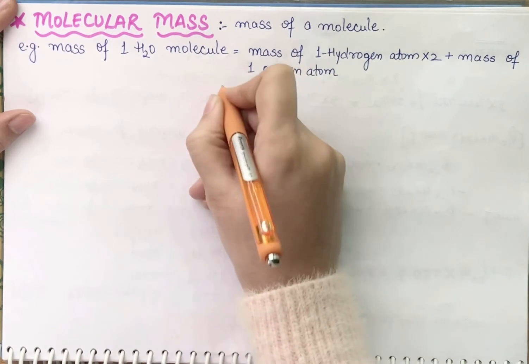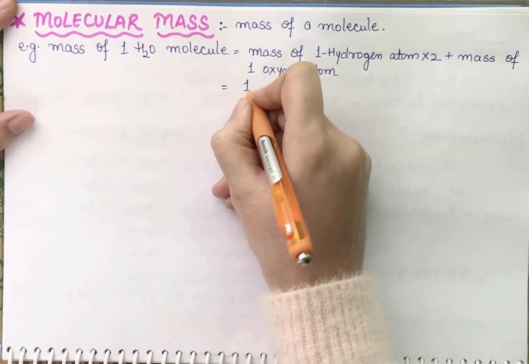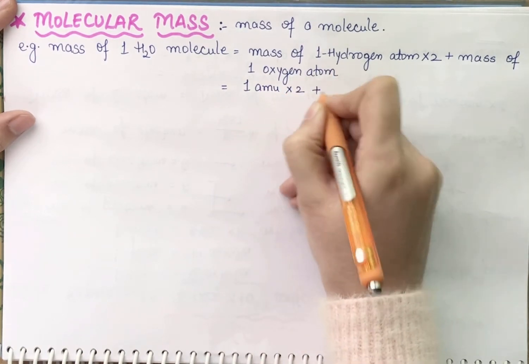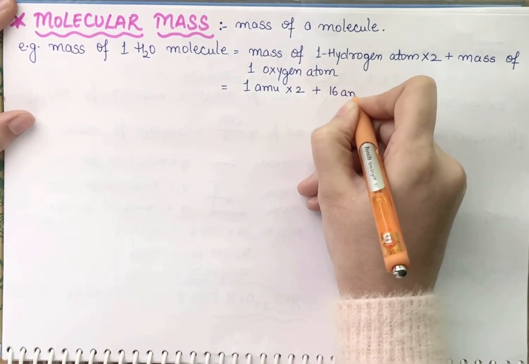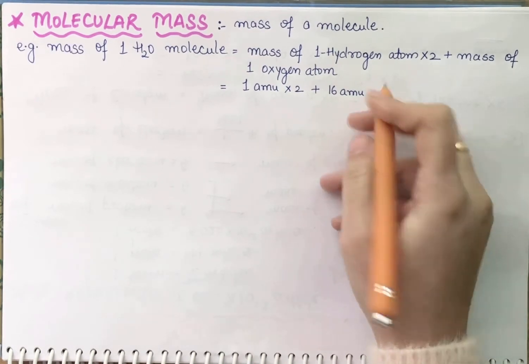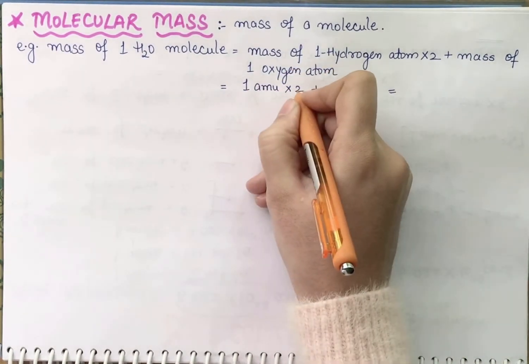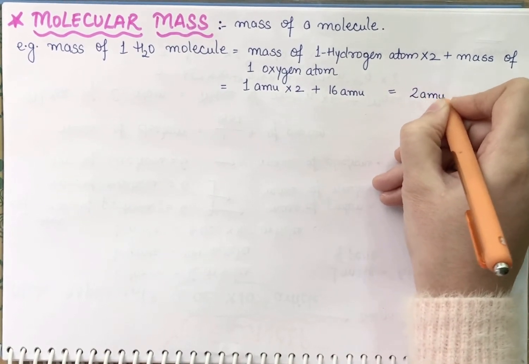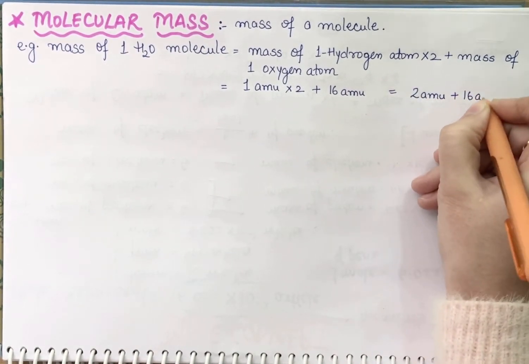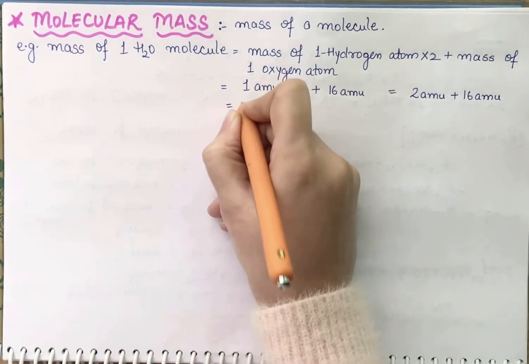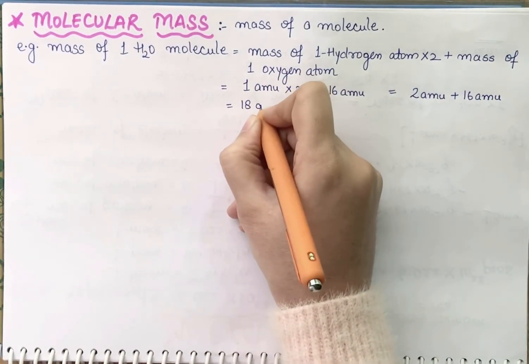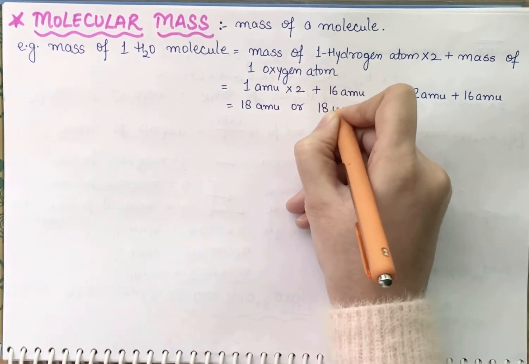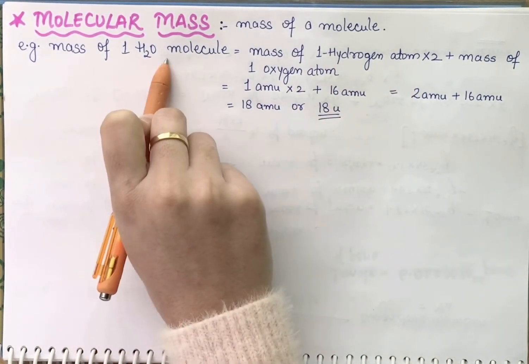So mass of one hydrogen atom is 1 AMU into 2 plus 16 AMU is the mass of oxygen atom, right? So 1 into 2, that means I'm having 2 AMU plus 16 AMU. So it will be 18 AMU or 18 U is the mass of one water molecule.